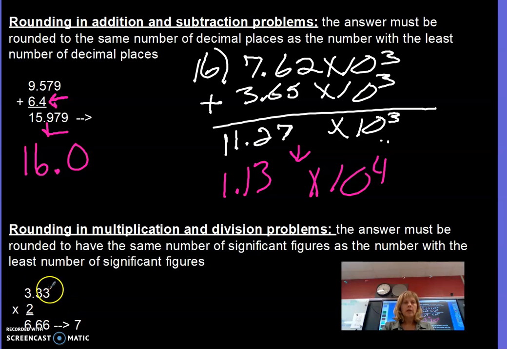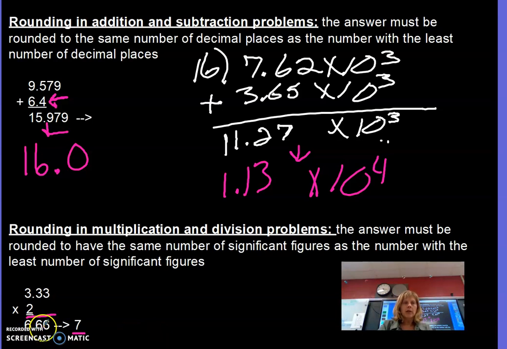So in this one, this top number has 3 significant figures, and this is obviously one significant figure. Because one significant figure is the least precise data, I multiply these and I get 6.66. I have to round this to one significant figure.